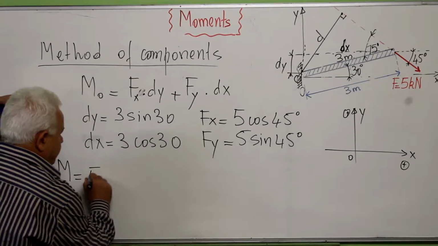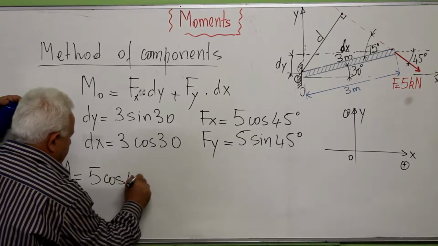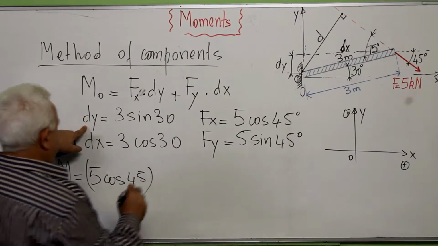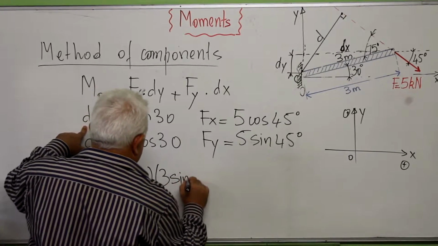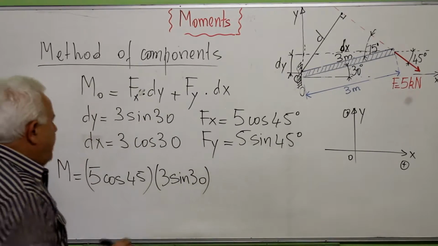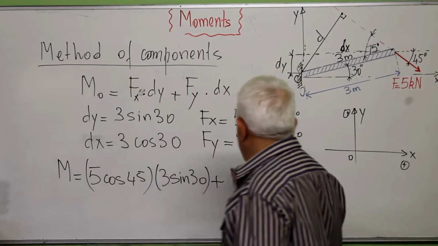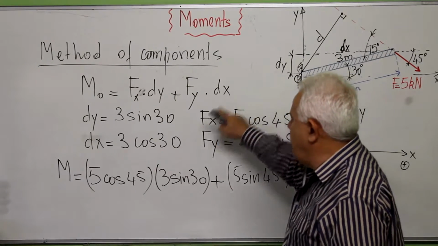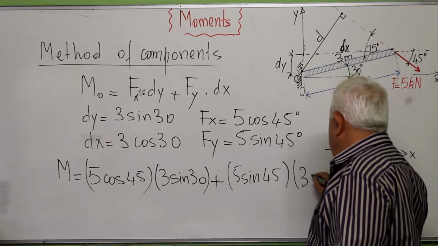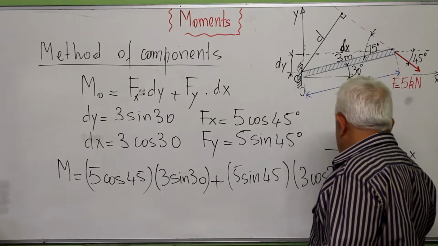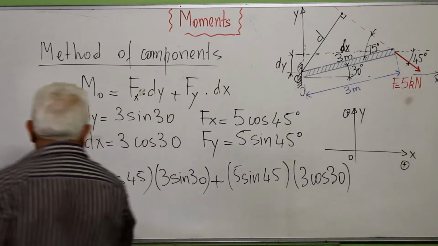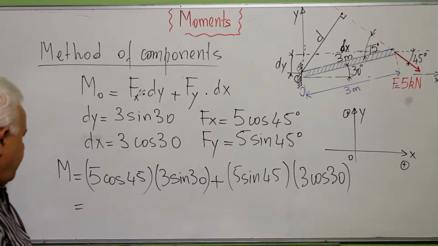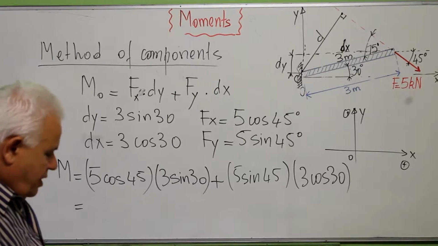Fx, which is 5 cosine 45, times dy, which is 3 sine 30, plus Fy, which is 5 sine 45, times dx, which is 3 cosine 30. Just to double check: 5 cosine 45 times 3 sine 30, plus 5 sine 45 times 3 cosine 30.